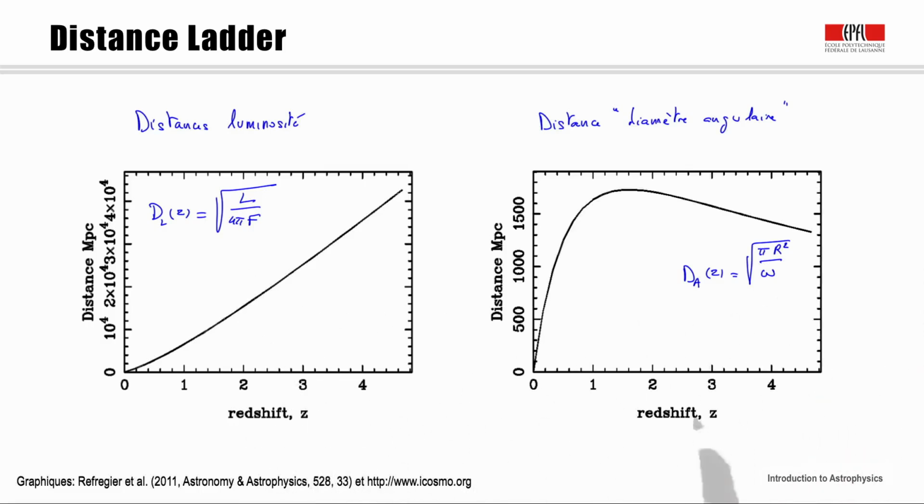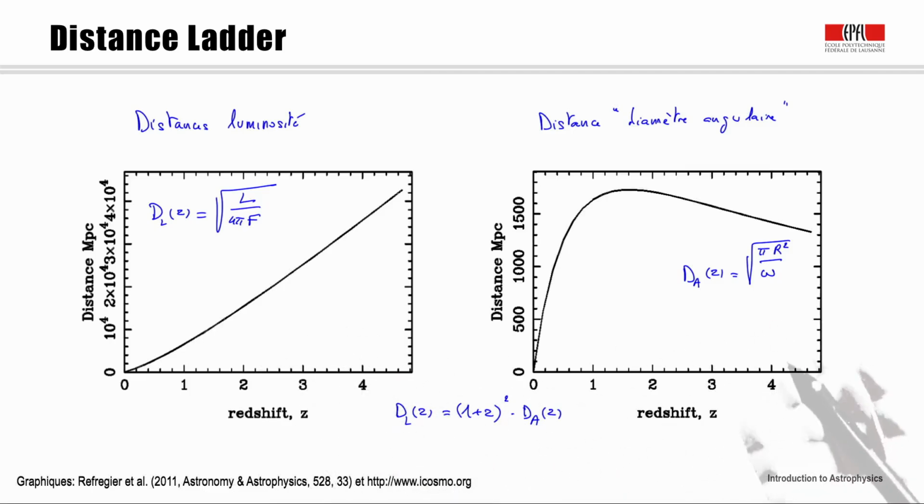We see that we do not have the same relations. We do not have the same curves. We have, in fact, a relation between the different distances. We have dL(z) equals (1 plus z) squared times dA(z). It's for this that the curves are different. They are different, but not incompatible. We just have two ways of defining distances.